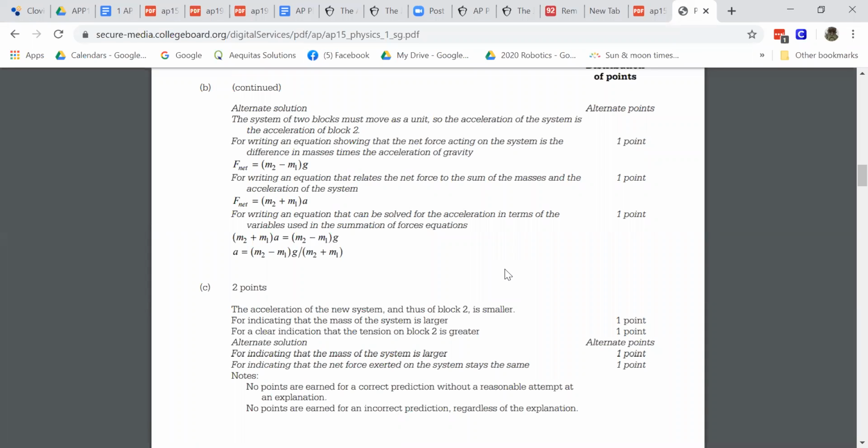If you were just drawing a free body diagram of M2, here's M2 times G, and here's your tension force. This is going to be greater because you've got more mass that has to be pulled by that string on the other side. Anyway, okay.